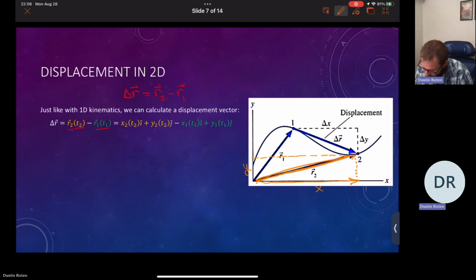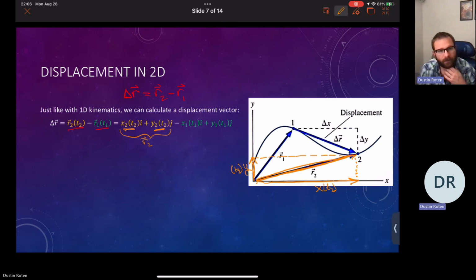And we need to know how much those are. Well, this X piece is whatever is happening at time 2. This Y piece is also happening at time 2. So that's where this is coming from. Here's our X piece for R2, and here's our Y piece for R2.